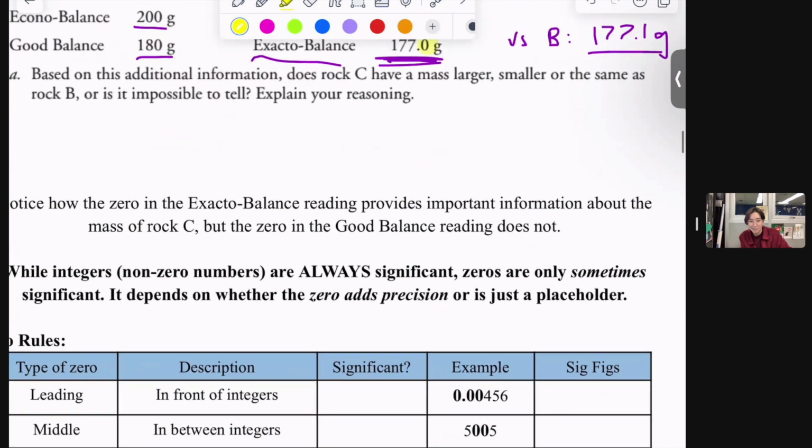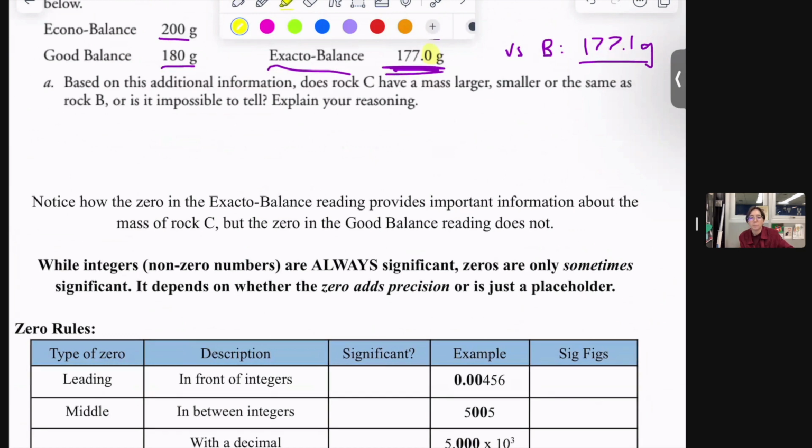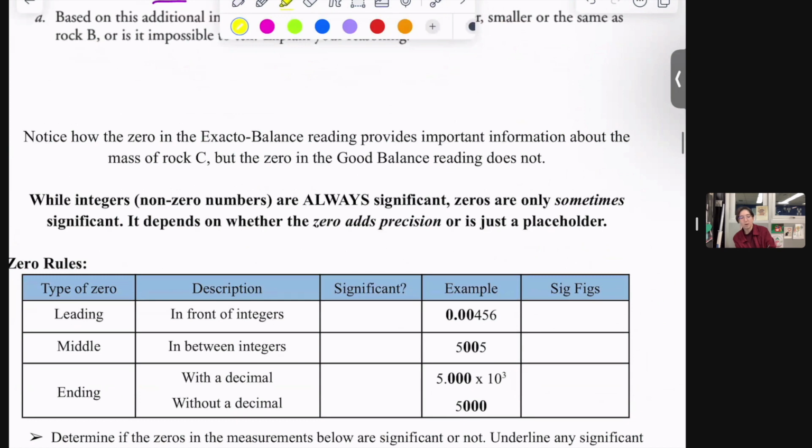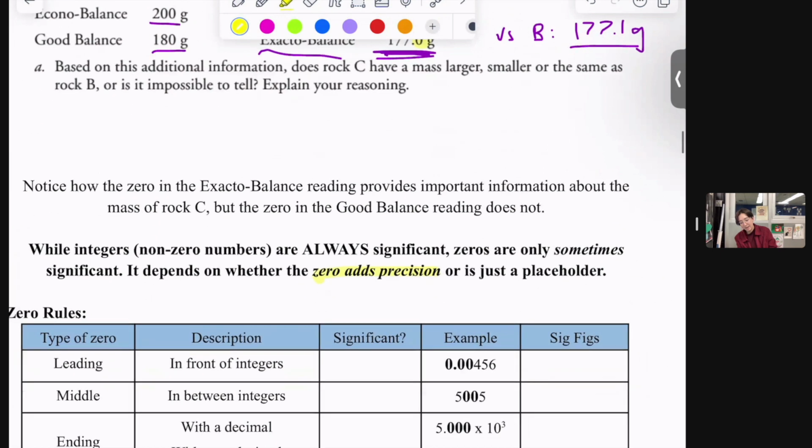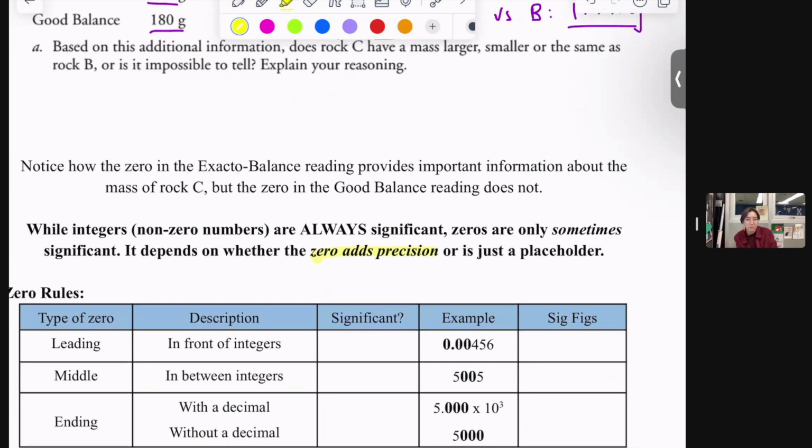So that's kind of the concept of sig figs. I'll teach you how to count sig figs in a second, but a digit is significant if it adds precision. So any digit that adds precision is going to be significant.